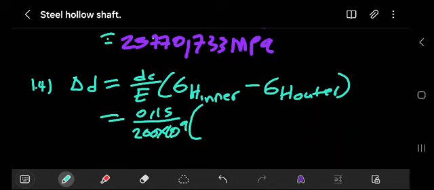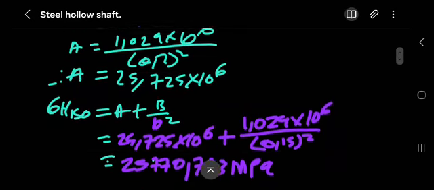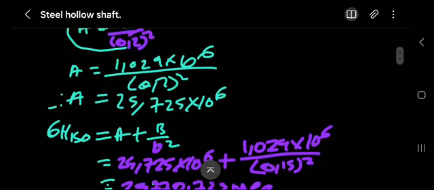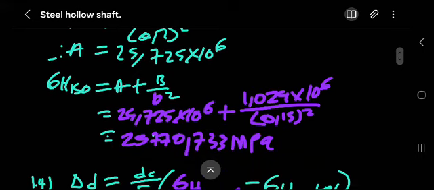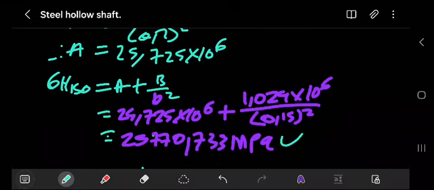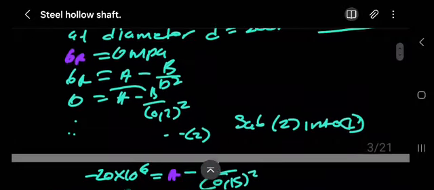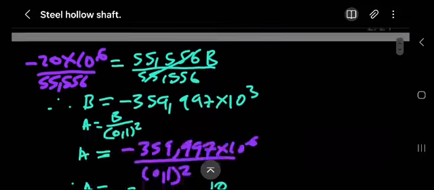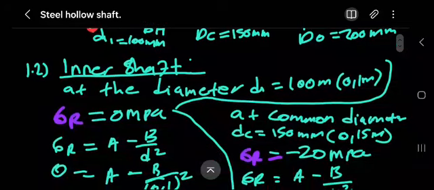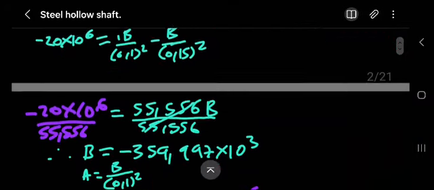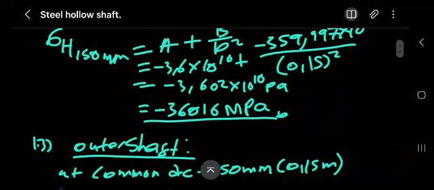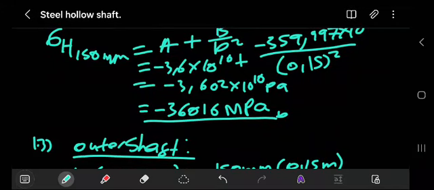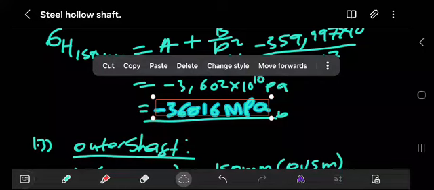In the common diameter we are checking the hook stress in the inner. We have calculated that the hook stress, this is the outer one, this is the outer shaft. Let's check the inner shaft. This was the inner shaft. Let's check our hook stress here. As you can see, this is our hook stress.